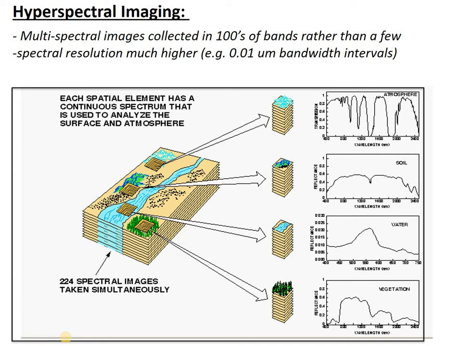that is, the resolution is higher and the bandwidth is smaller than typical imaging. So for example, we're talking about 0.01 micron bandwidth intervals, as opposed to perhaps 0.5. So maybe we're talking about 100 or 50 times smaller bandwidth intervals. And just like with any multispectral imaging, these are, of course, images of the same thing.